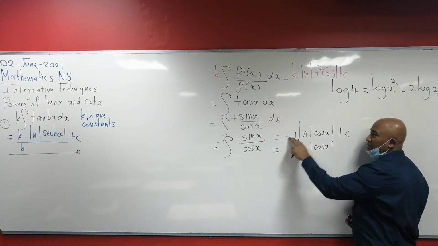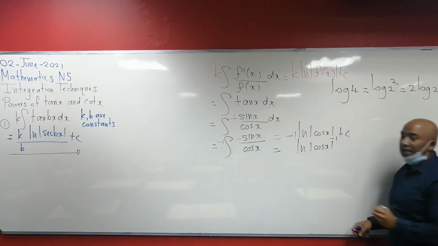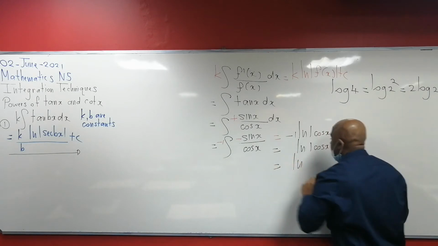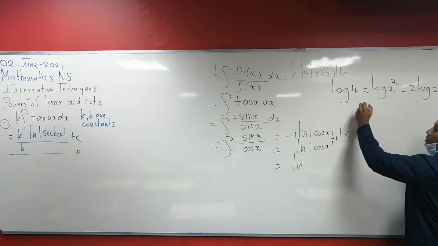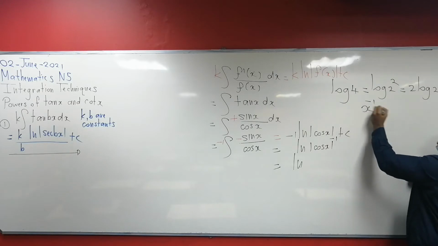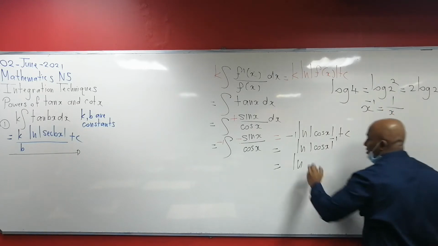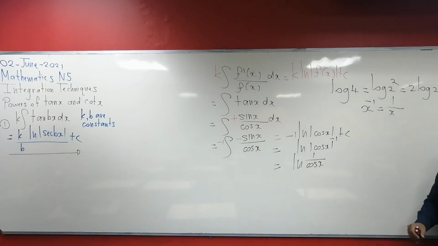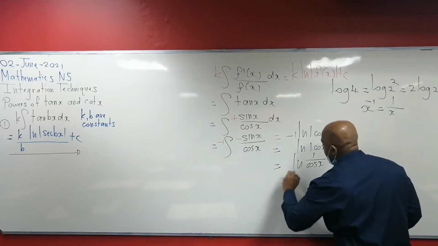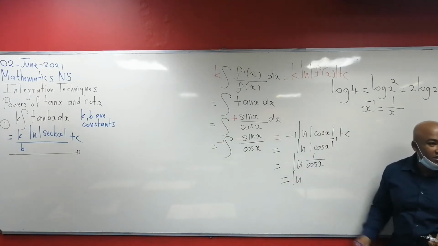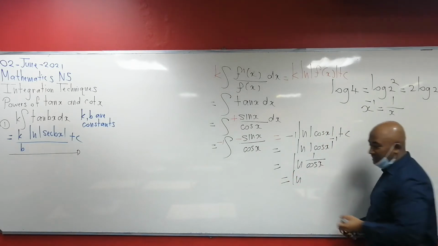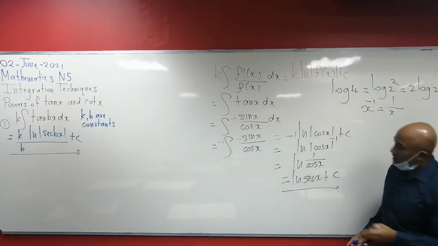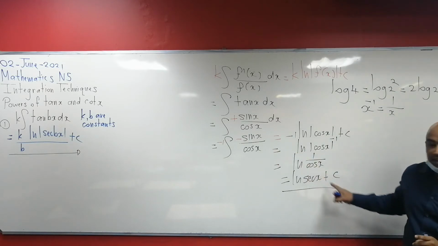So what I'm going to do here is take this to the top, and it becomes a -1. Now we've got ln cos to the power -1. From the exponent law, x to the power -1 is the same as 1 over x. So cos to the power -1 is 1 over cos. From your trigonometry identities, 1 over cos is sec. So that is how we get the formula ln of sec.